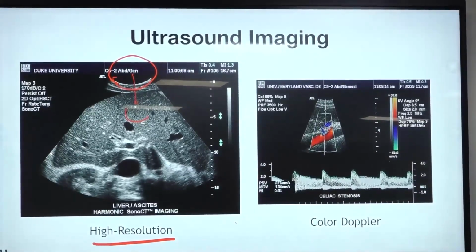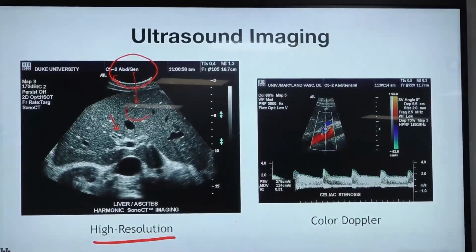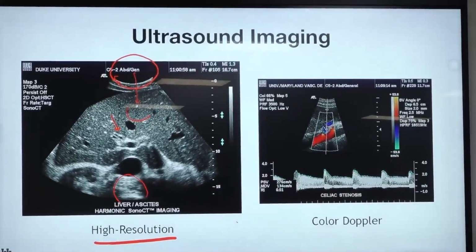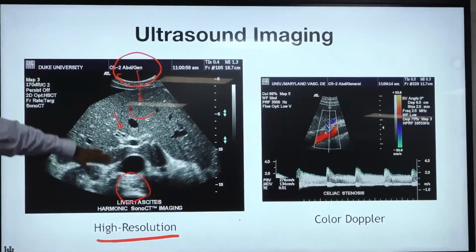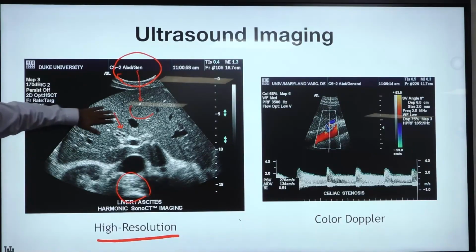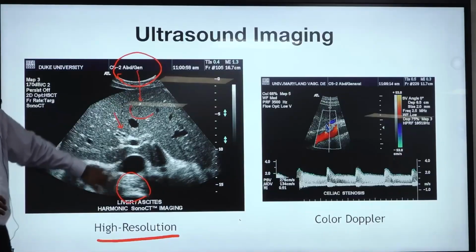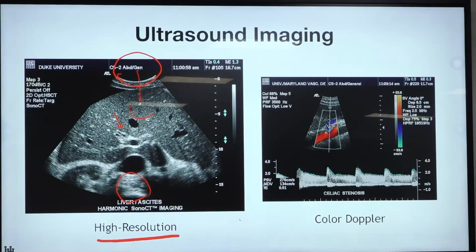As you go along, you can see that these regions here have a higher resolution. As you go deeper, you lose a little bit of resolution. That's a trade-off that you make. You get better resolution closer to the scanner, and slightly worse resolution farther away.